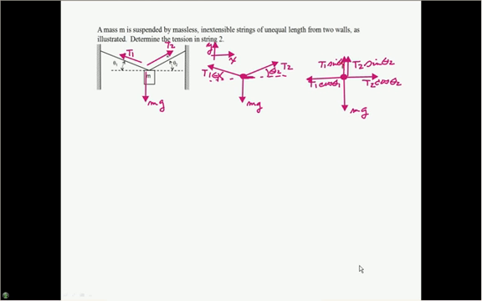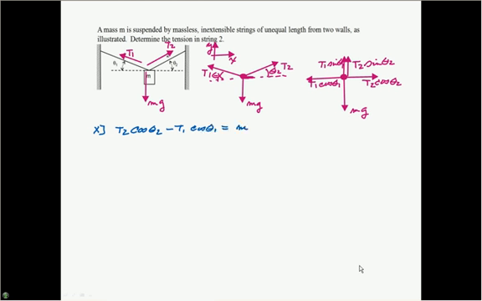At this point, we can write our Newton's second law equation. In the x direction, that will be T2 cosine theta 2 minus T1 cosine theta 1 equals m a sub x.